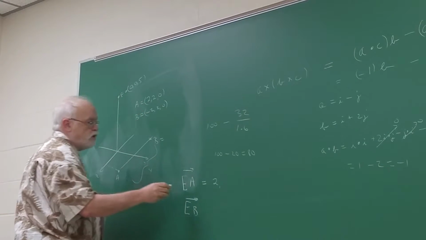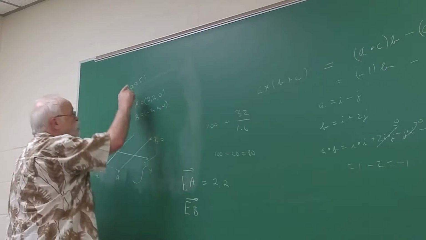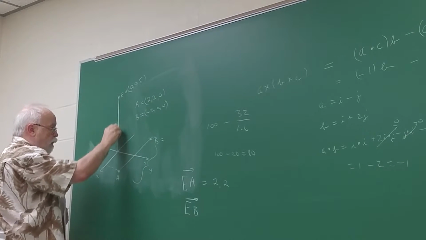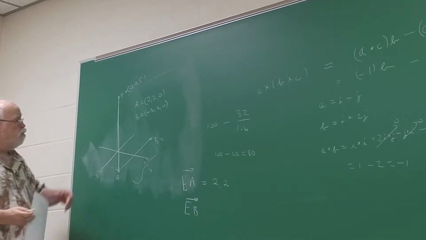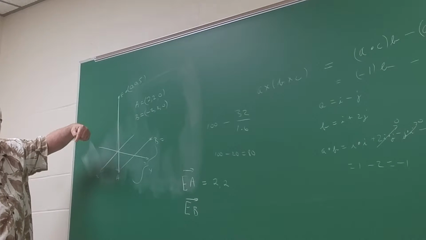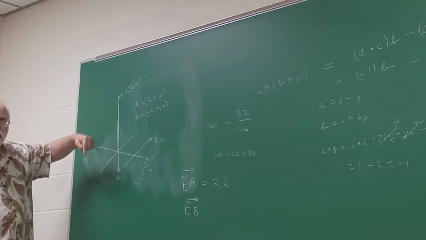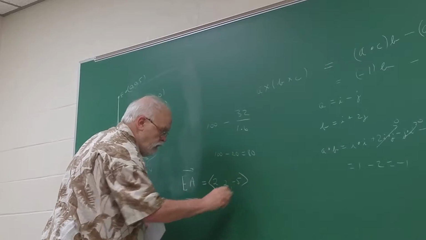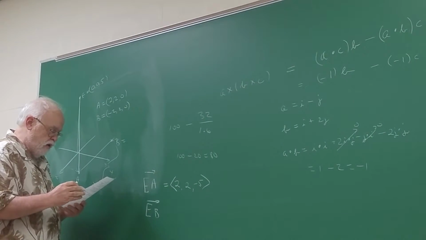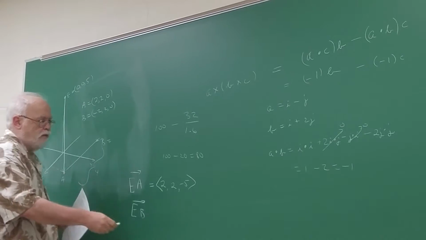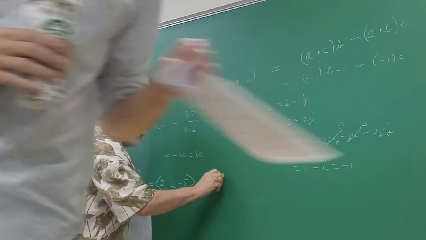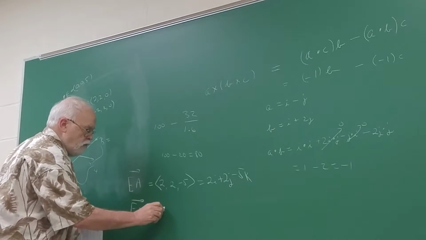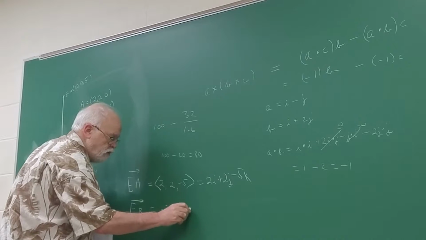And 0 to 2, that's a 2. 5 to 0, that's going backwards. So this EA is basically pointing down and a little bit out. So the z coordinate is negative here. So it's 2, 2, negative 5. And I said you could either do IJK or diamond brackets. So there's diamond brackets, and the other one is 2i plus 2j minus 5k. And the other one we got minus 2, 2, minus 5.